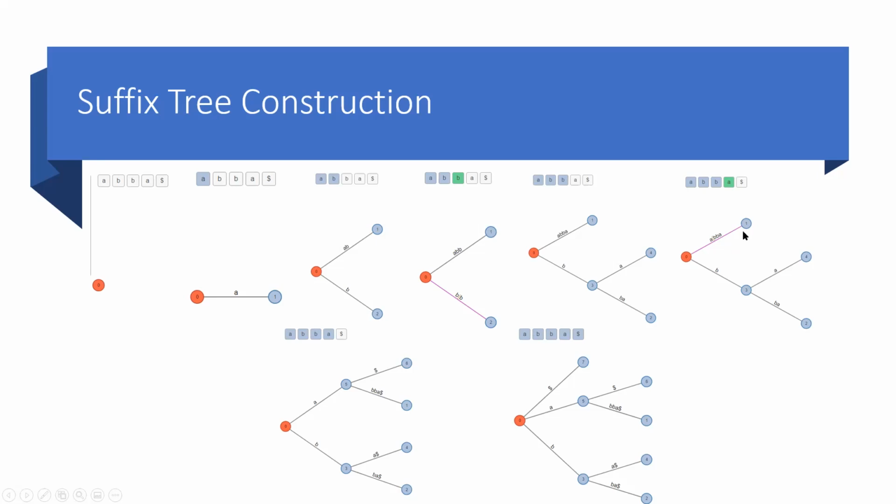And then for this image up here, we have ABBA, but this last A is also a substring. So we can split this apart if we wanted to.